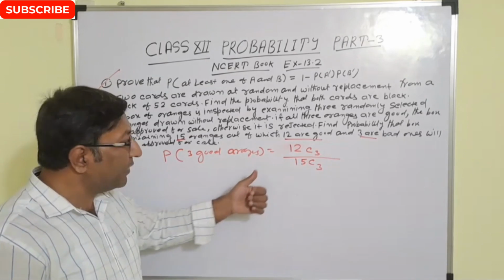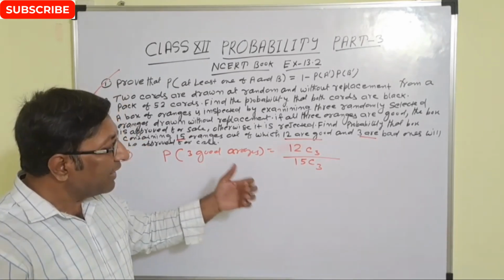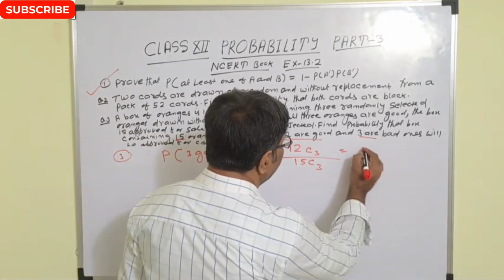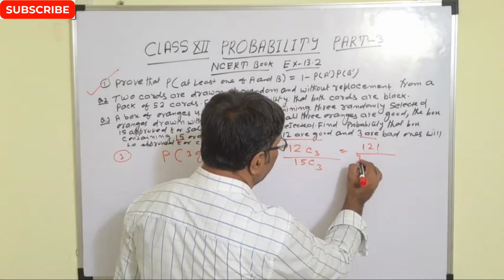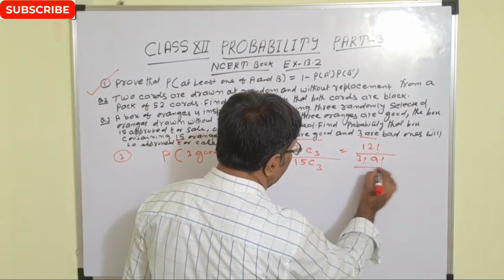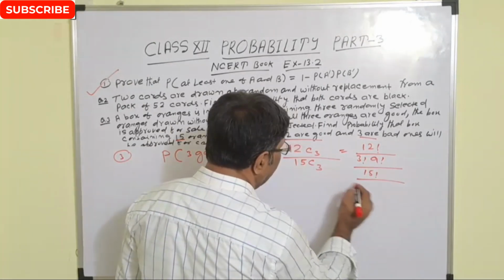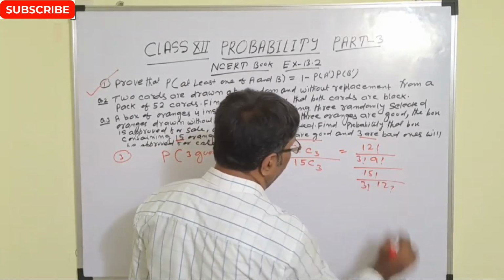Sometimes in a multiple choice question, only this is given, and it is your right answer. Now you can solve this. So 12C3 is what? 12 factorial, again r is 3, so 3 factorial, 12 minus 3, 9, so this is 9 factorial. Here again, this is 15 factorial, again 3 factorial, 15 minus 3, that is 12 factorial.